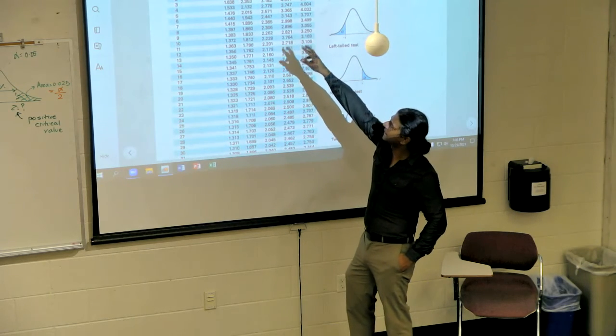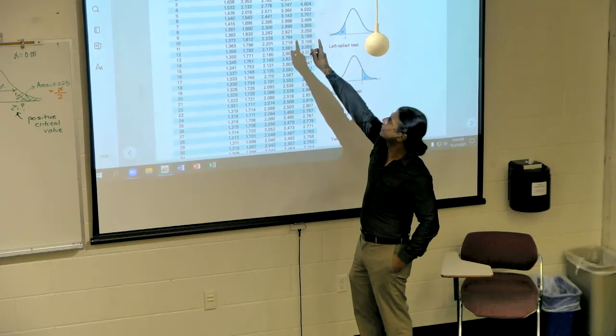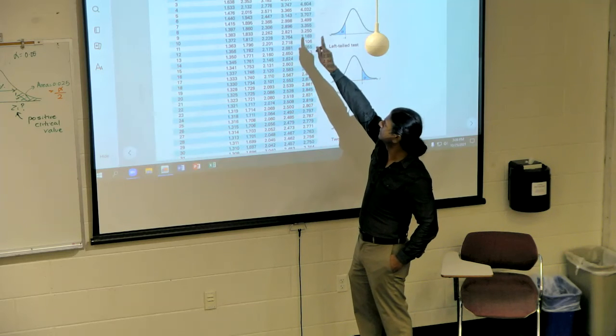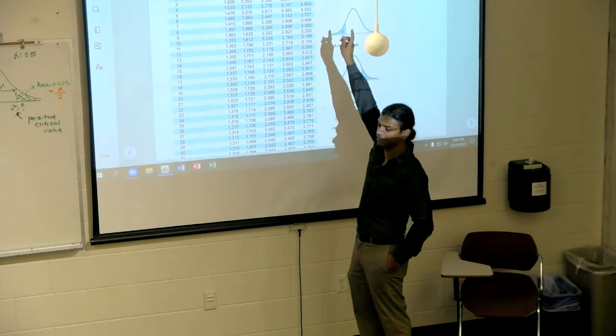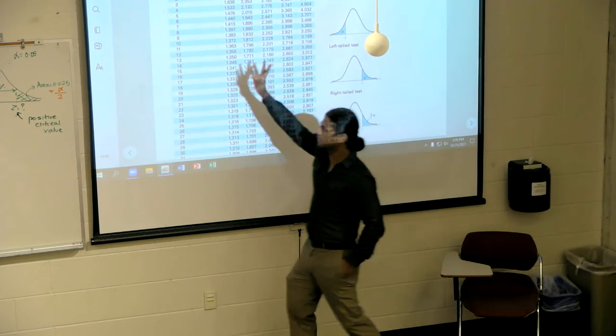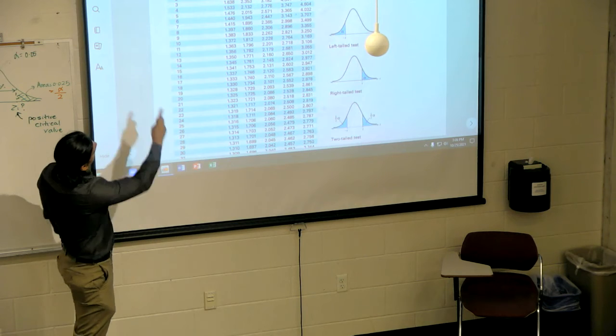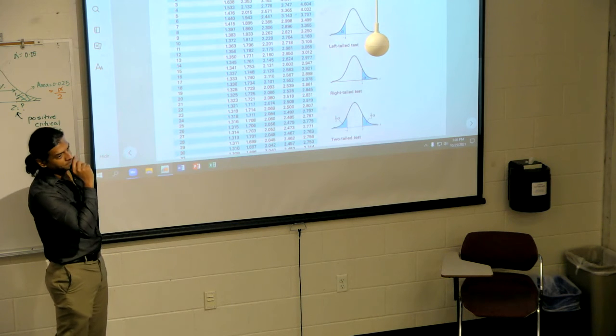And the first one says level of confidence, yes? So it's giving you 0.8, 0.9, 0.95, 0.98, and 0.99. So suppose we are doing 95% confidence. Which column should you pick?